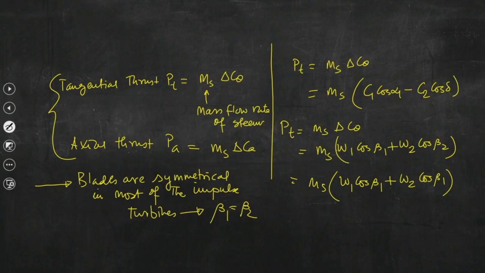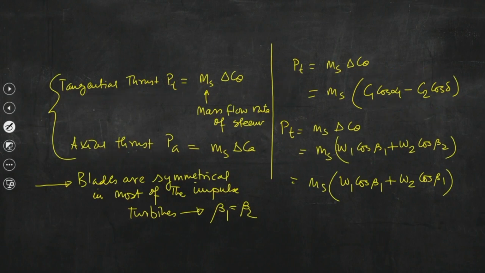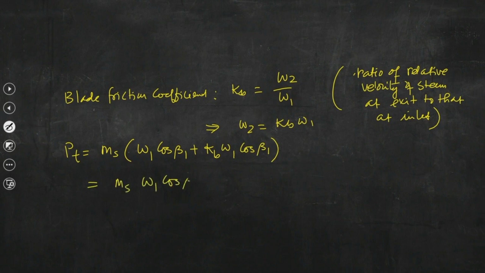From this expression, we can write W2 equal to Kb into W1, right. So, we can write this quantity again: Pt equal to Ms into W1 cos beta 1 plus Kb into W1 cos beta 1. We can take W1 cos beta 1 outside the bracket: Ms into W1 into cos beta 1 into 1 plus Kb.